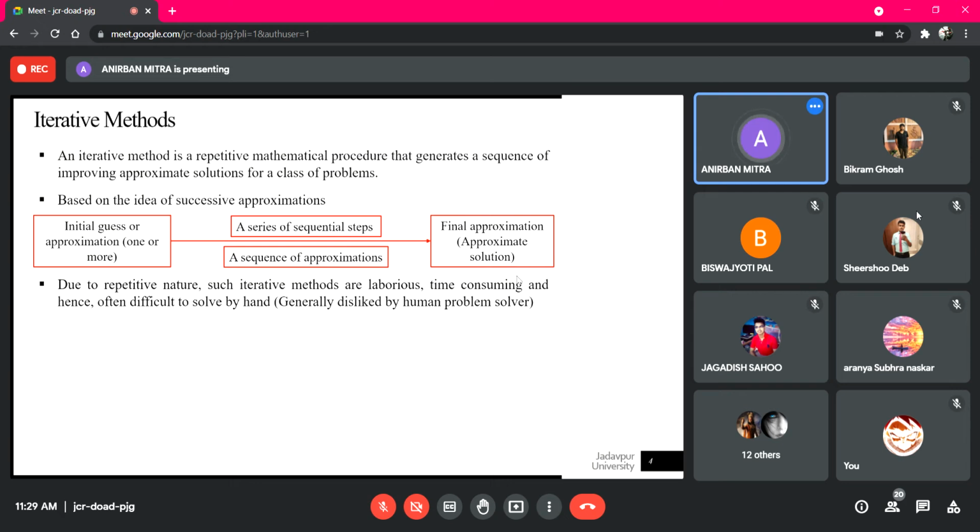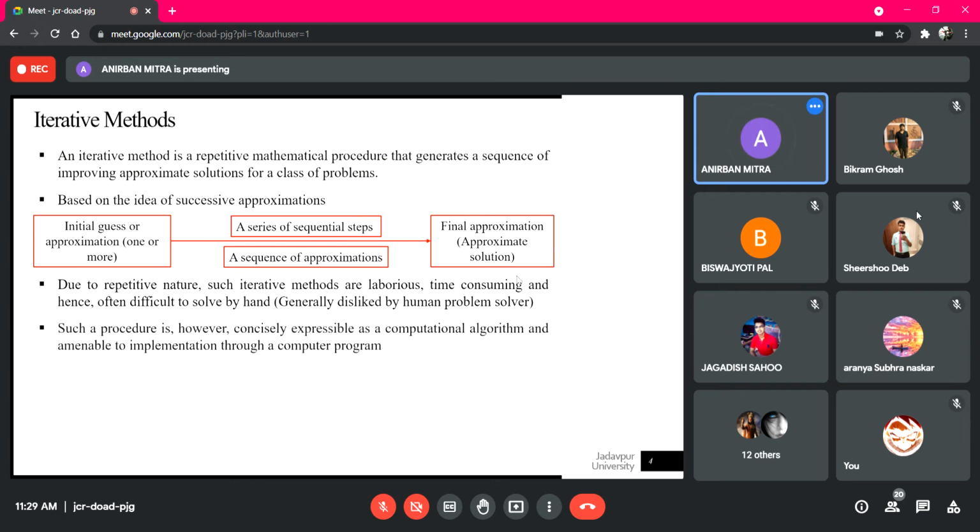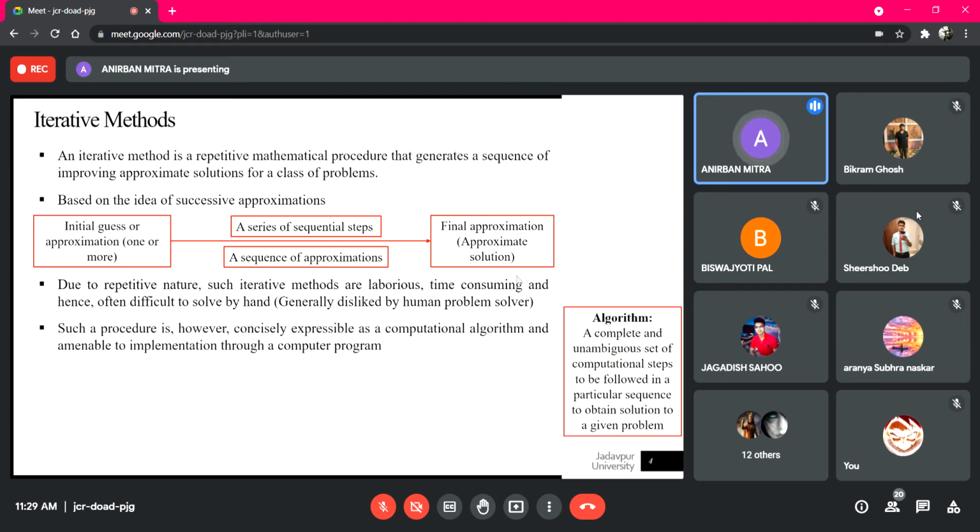But of course, we can take help of computers. We do not need to solve these problems by hand. Such a procedure can be expressed concisely as a computational algorithm, and it becomes amenable to implementation through a computer program. We know what an algorithm is, which has already been covered in your previous courses.